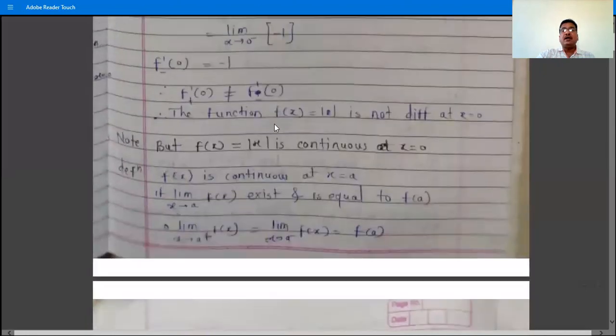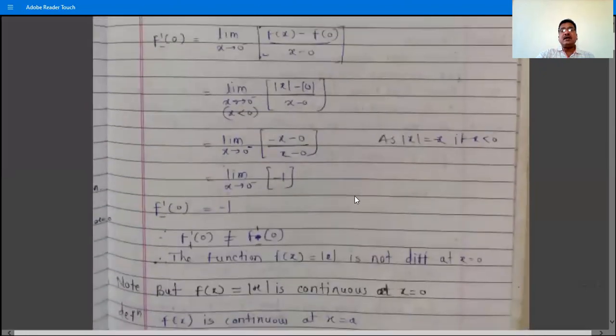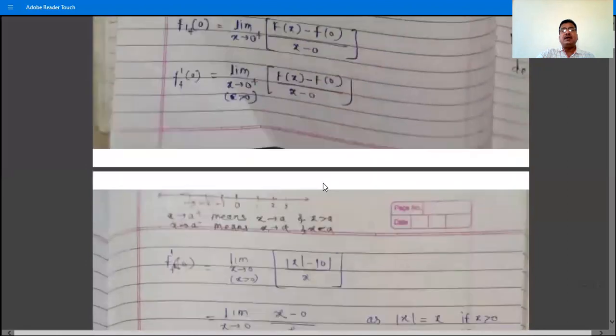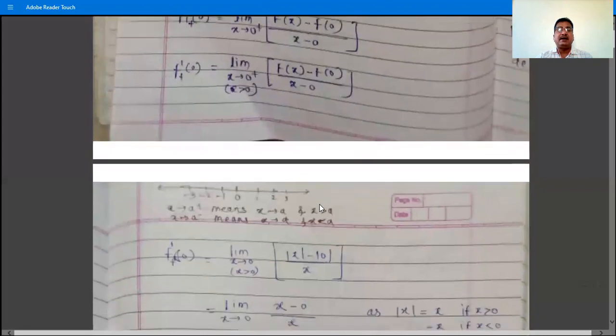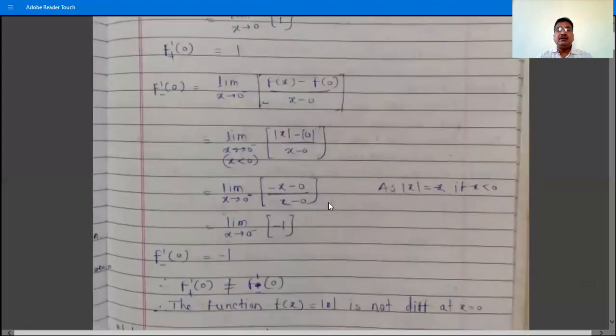So this function mod x is continuous at x is equal to 0, but mod x is not differentiable at x is equal to 0, and therefore we have the counter example for the statement that if the function is continuous, then we cannot say the function is differentiable at that point. So continuity does not imply differentiability, but the converse is true, that if the function is differentiable at some point, then the function is continuous at that point.